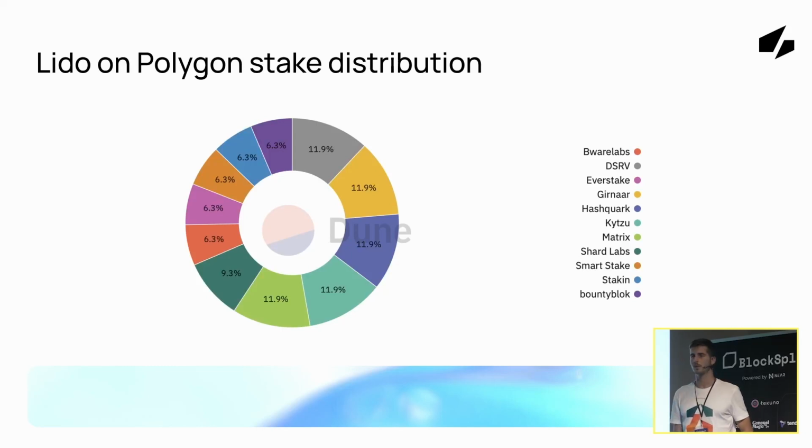Why is that? That is because we just recently onboarded 5 new node operators a month ago, and we still need more stake. We still need more delegations for the rebalancing to fully happen, so for the stake to fully even out across all of them. But it's getting there. If you took a look at this picture a week ago, it was a way, way bigger difference than now.